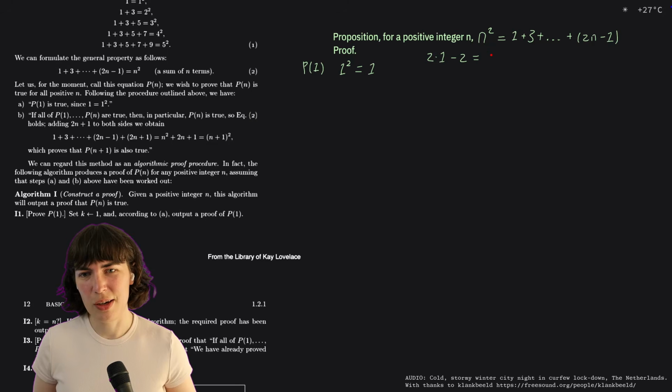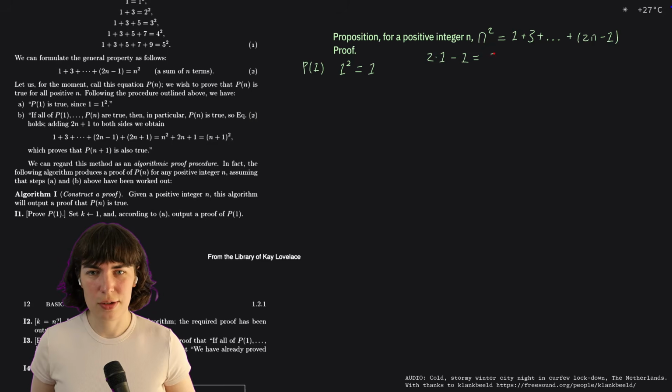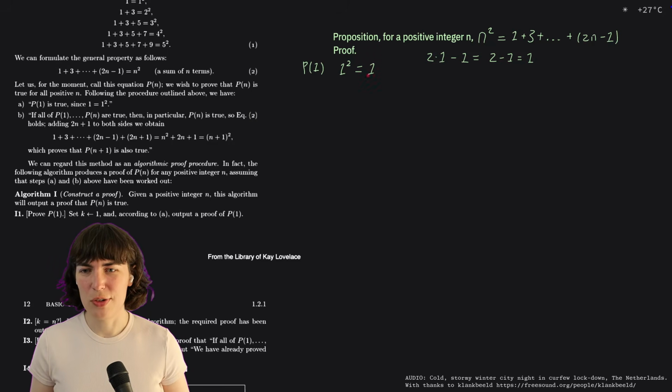Sorry, no, not right, just making mistakes. This is going to be 2 minus 1, and this is going to be 1, obviously. So this is going to be 1, and then 1 squared is obviously 1. So we have our proof of P1.